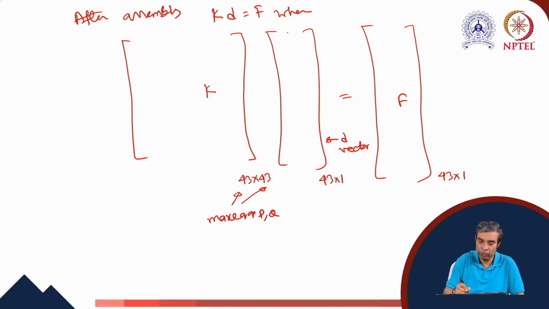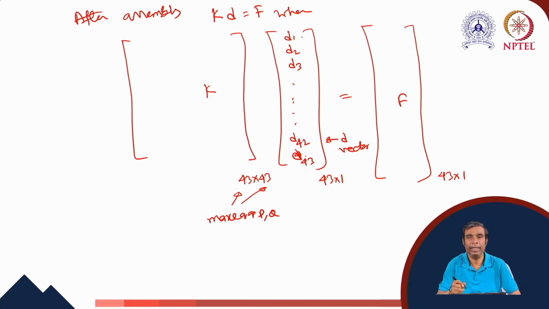So in this case, we have D1, D2, D3 up to D43. Now these D terms, they include U, V and P. It means that U, V and P all are part of the degree of freedom. This happens in a coupled formulation where we get a single matrix equation system.